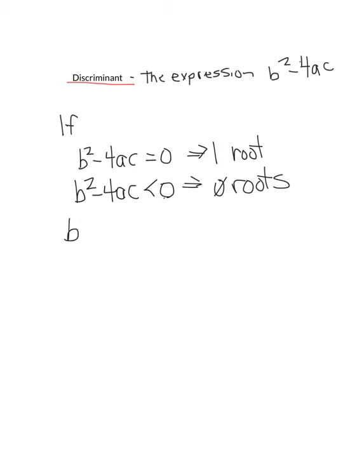And if b squared minus 4ac is greater than 0, that means that we have 2 roots.